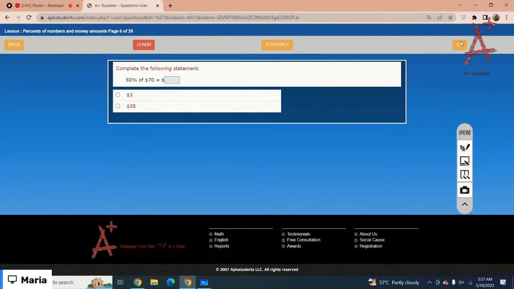Okay, what is 50% of 70? Which is the correct option? 50% means half.